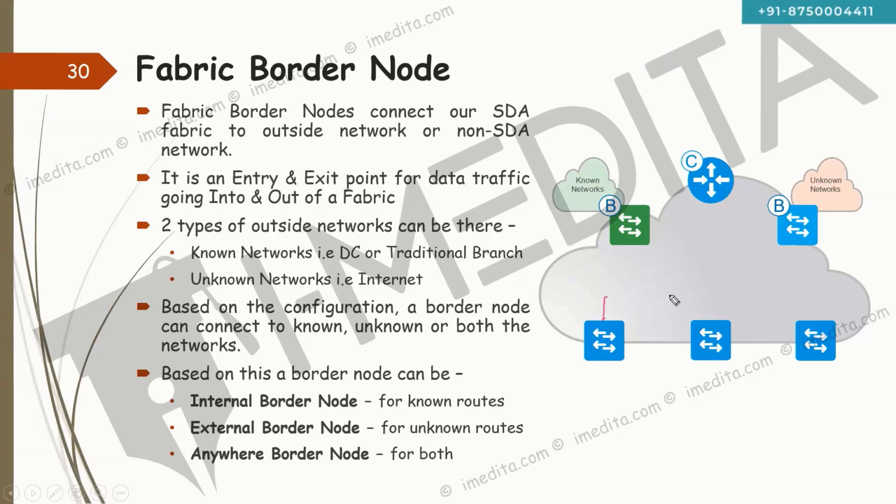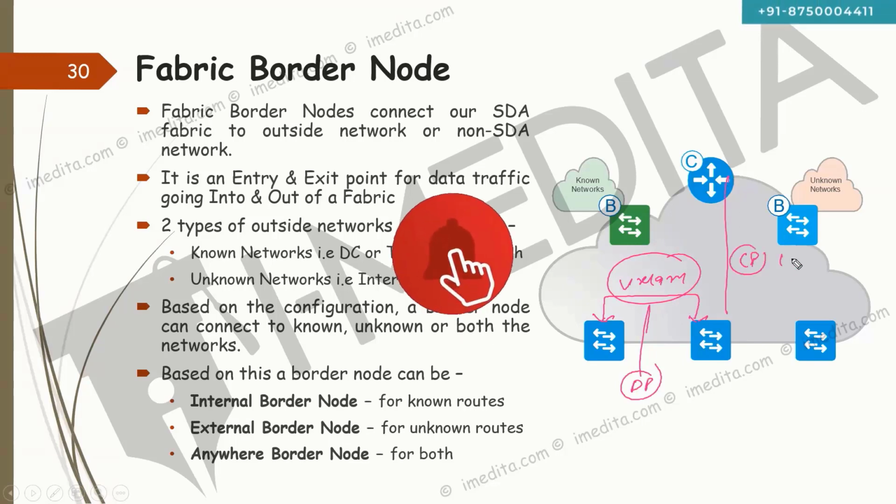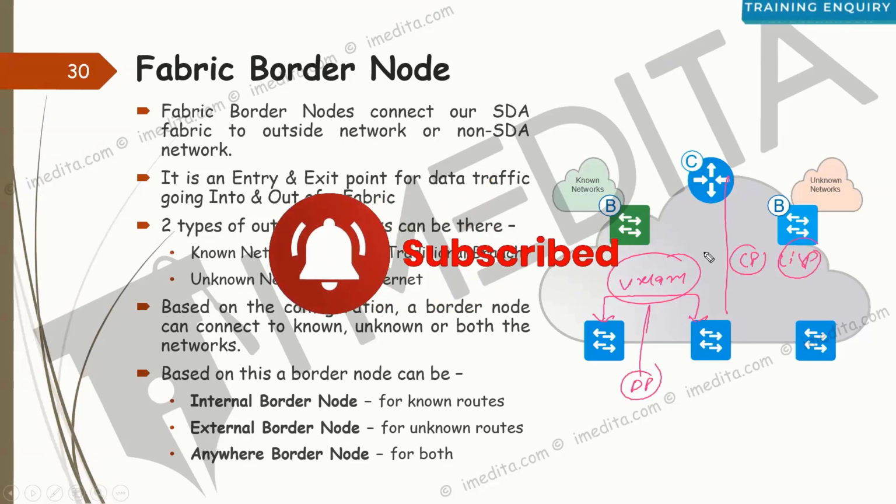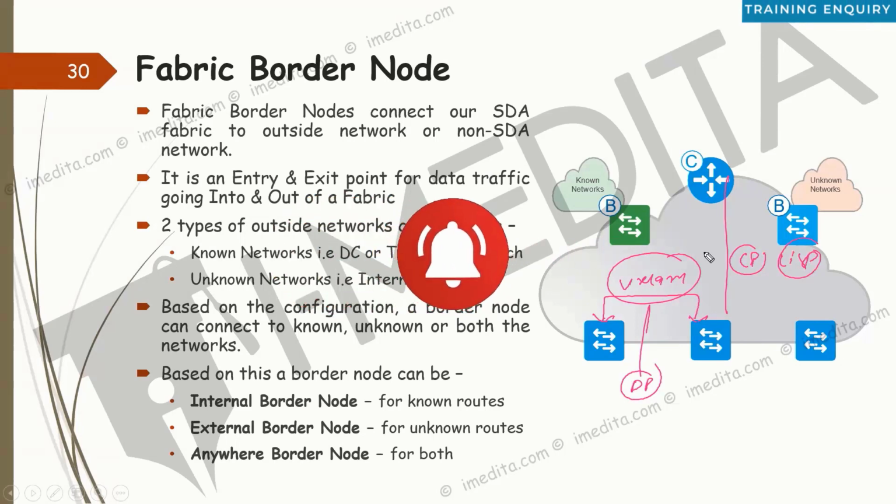That encapsulation will be done from edge device to edge device with the help of a technology called VXLAN. So at the data plane, we use VXLAN. At the control plane, we use the LISP protocol. And when it comes to enforcing the policies, we are going to use CTS, Cisco TrustSec.